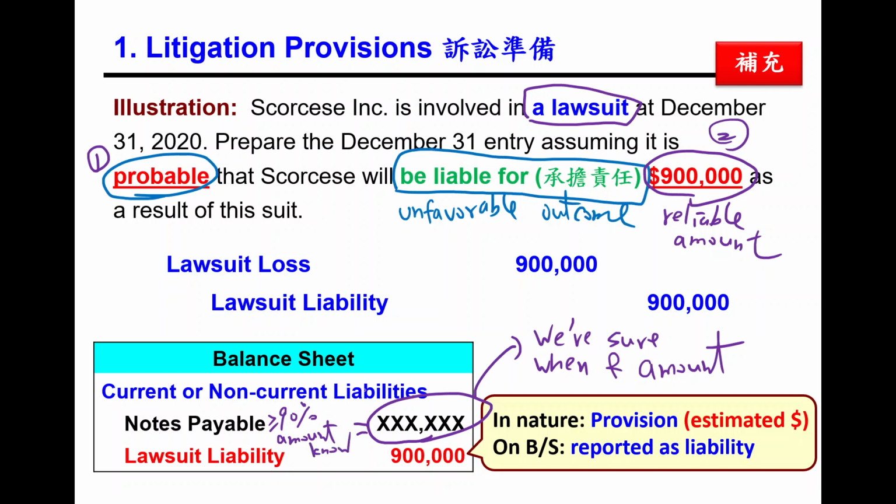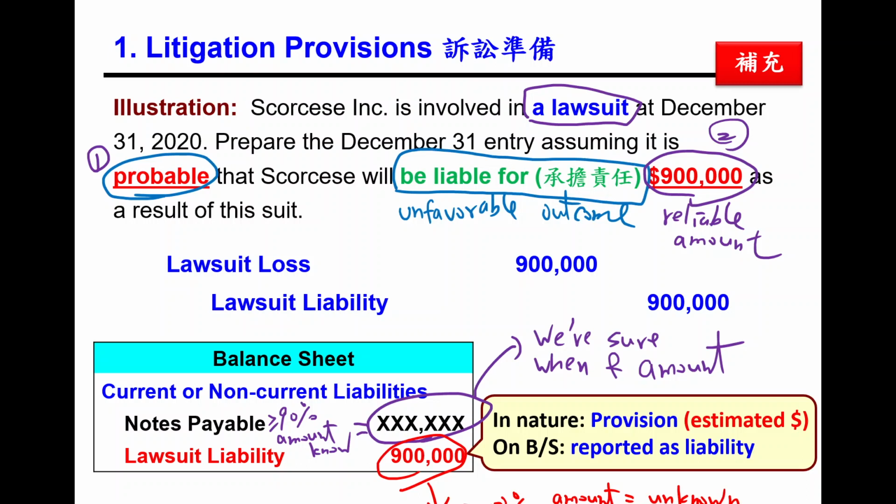But when we talk about the loss liability, you should understand that $900,000 is your estimate. It's not a true number. For this second one, the probability is only higher than 50%, and the amount is unknown, but we have to estimate it.